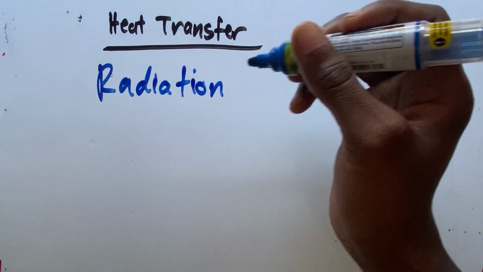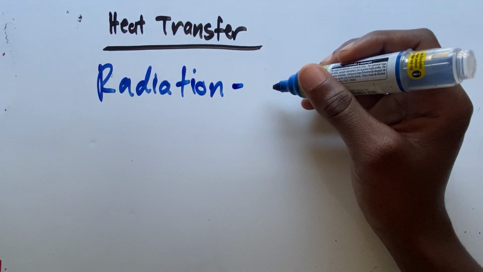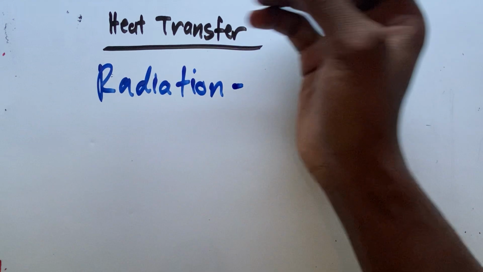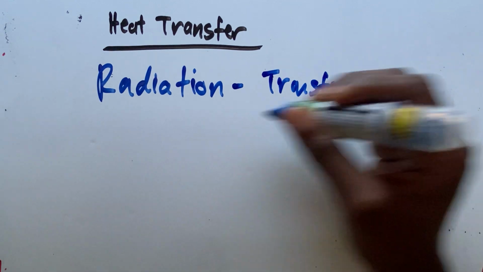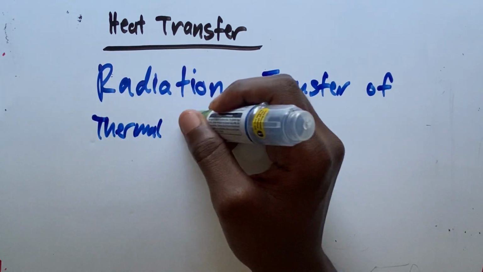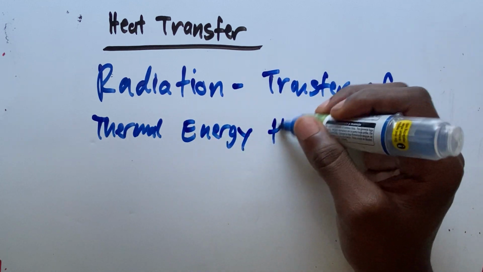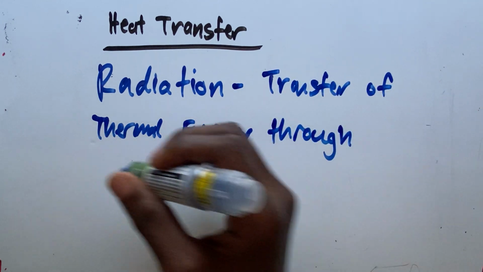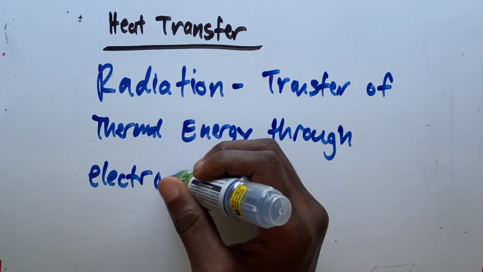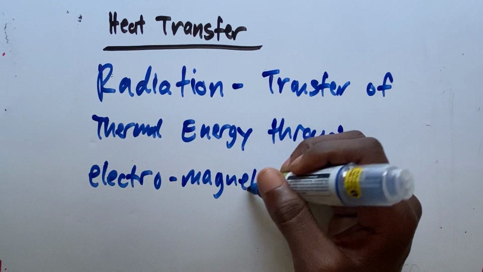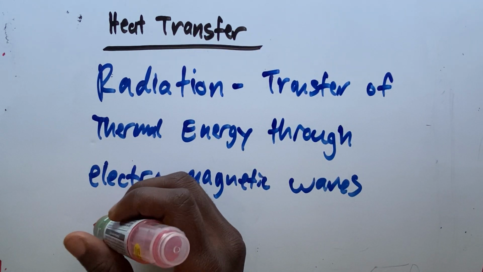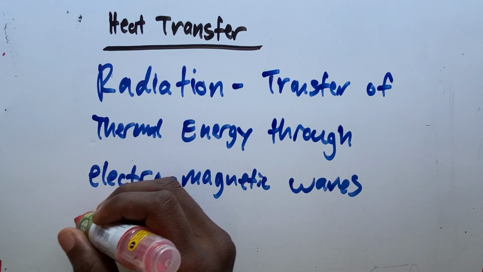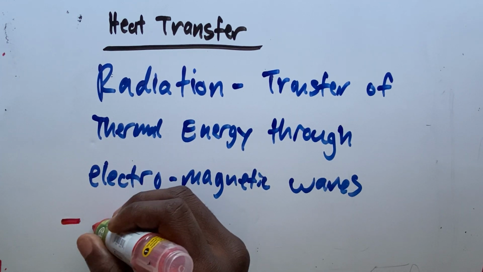Radiation is basically just the transfer of heat, or the transfer of thermal energy, through electromagnetic waves. So a good example of heat transfer through radiation would be your microwave, right?